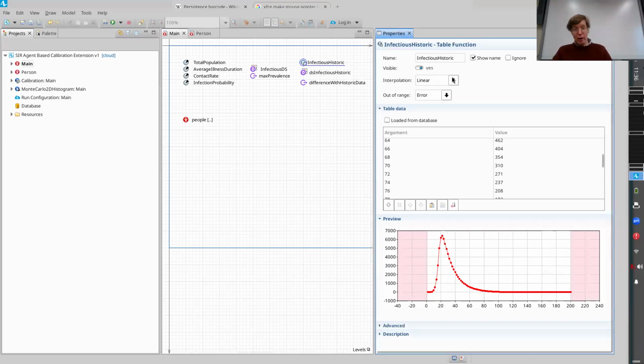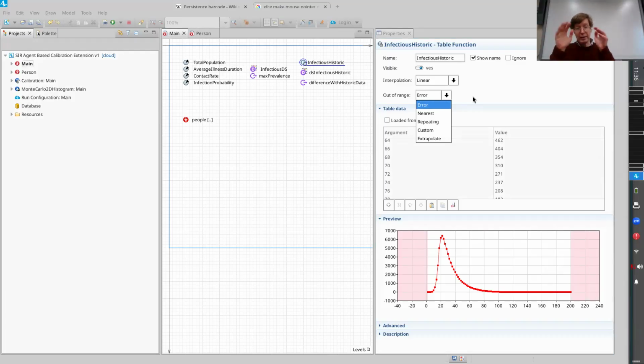I will note, for those interested in building blocks in this particular platform, that some of the affordances offered by this compared to hand coding it is that it provides options for handling out of range, so things outside the specified domain of the function.